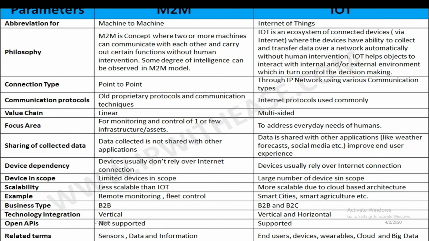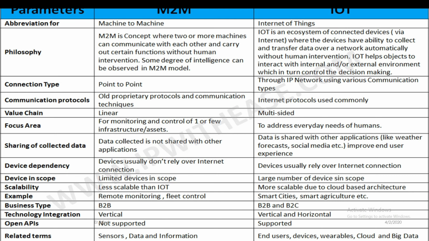As I mentioned before, IoT needs M2M, but M2M doesn't need IoT. In M2M, we connect two or more devices to communicate in a small range so that they can work automatically without human intervention. But in IoT, we connect many devices across the world with the help of internet so they can communicate with each other without human intervention.